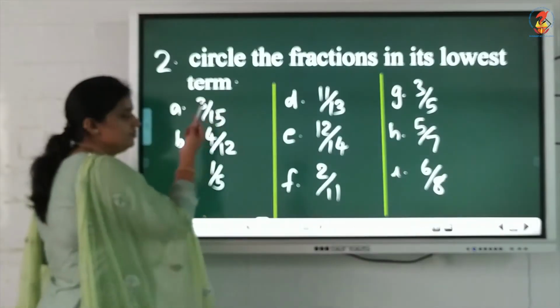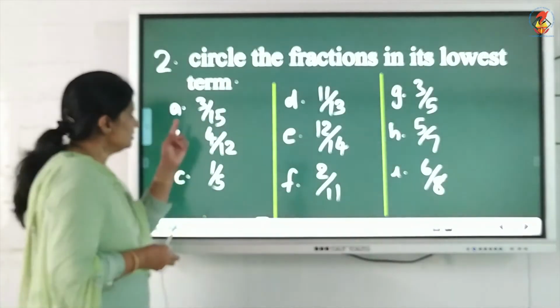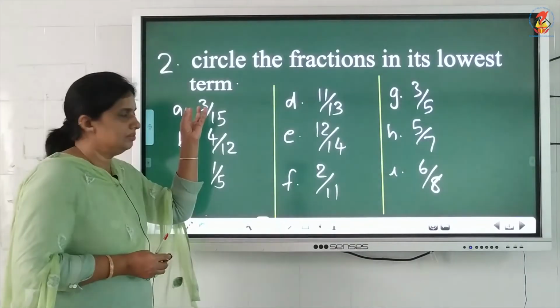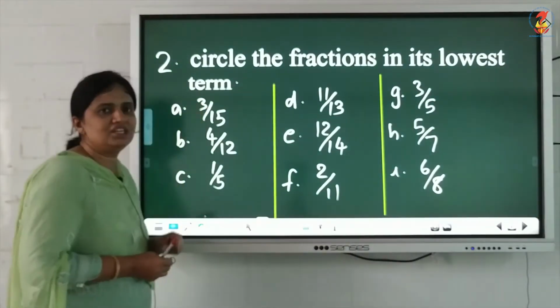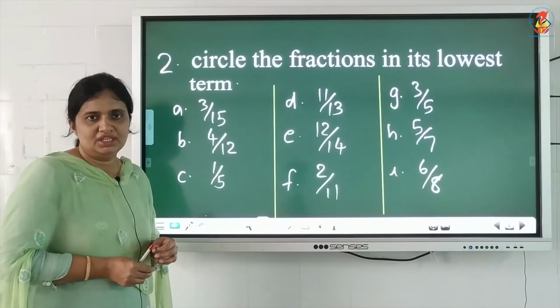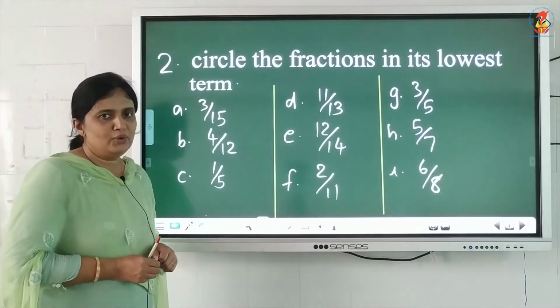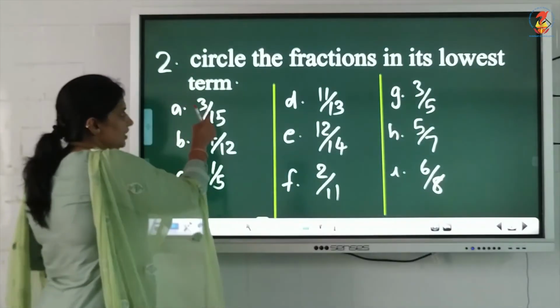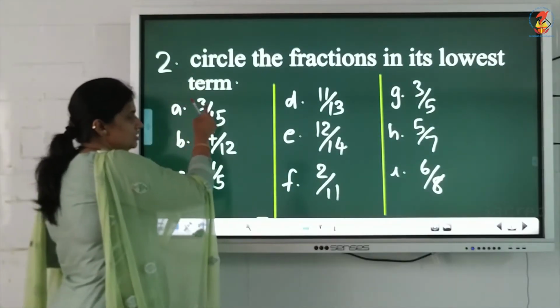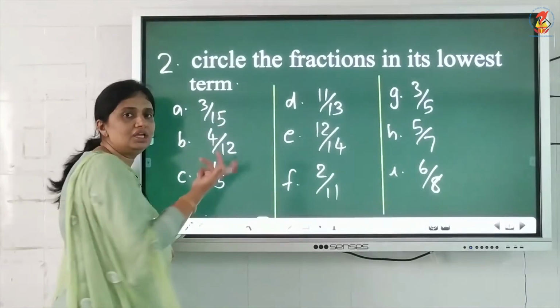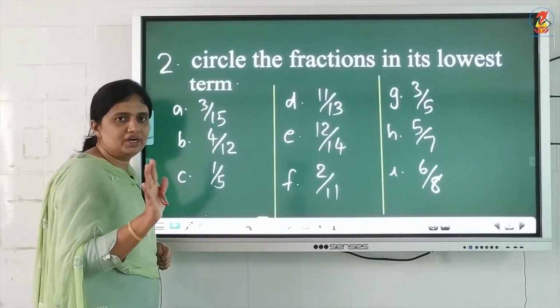And 3 by 15 is our fraction. And see, the common factor between numerator and denominator is what? Is it 1, the common factor? No. Which is the common factor? Of the numerator and denominator? 3, right? That is not 1.